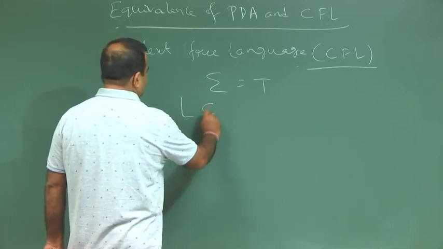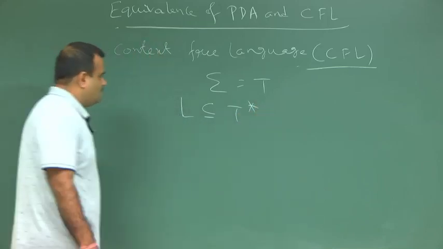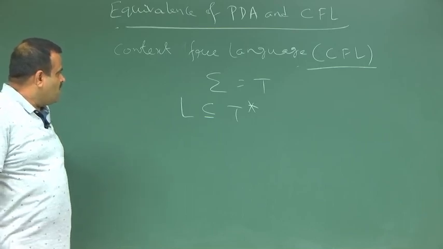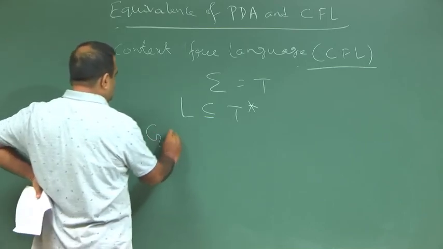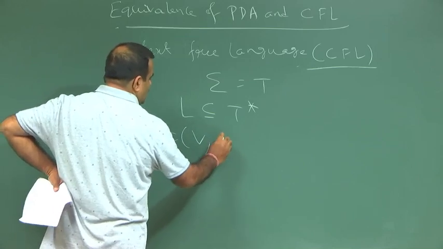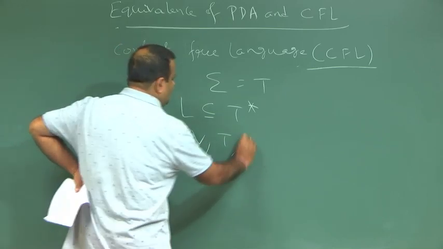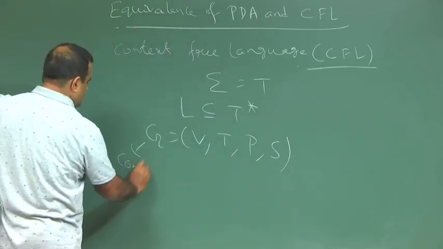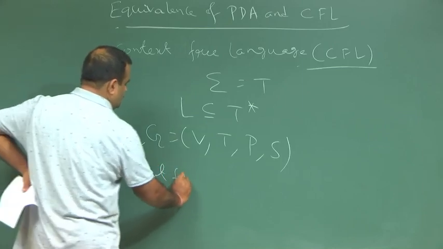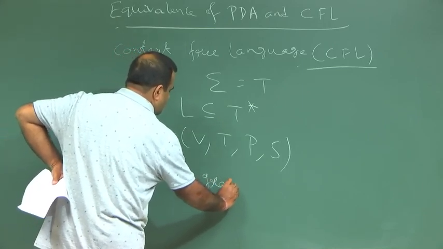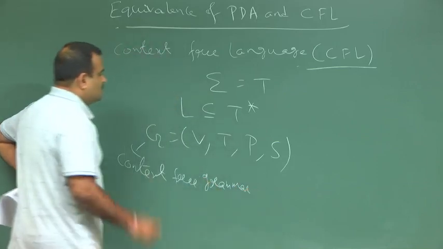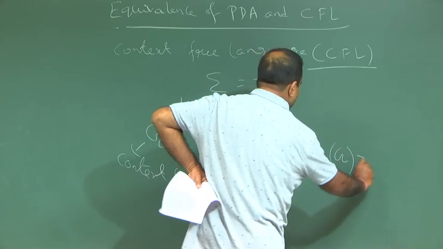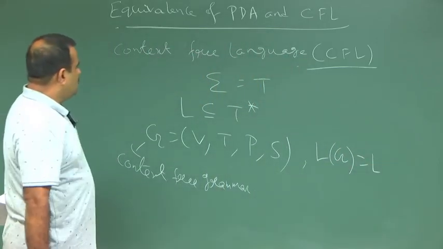It is a set of strings of terminals such that we have a grammar G, which is (V, T, P, S), a context free grammar, that generates the language L. So, what is L of G?